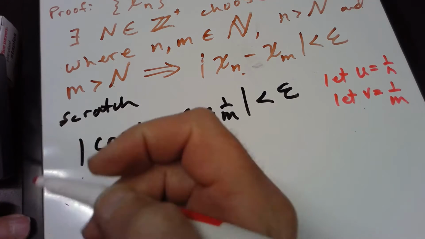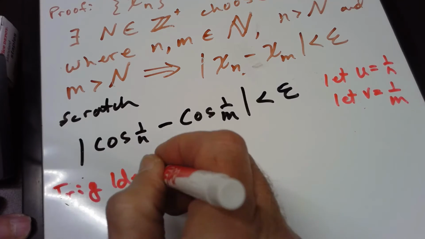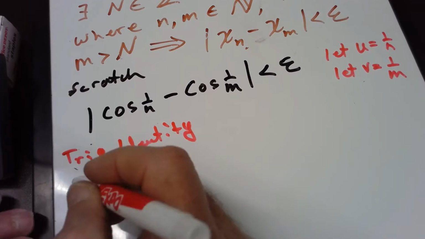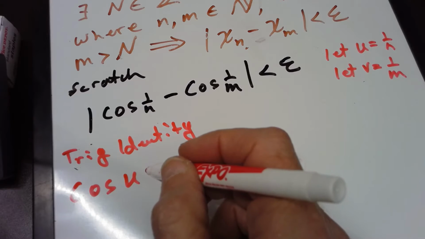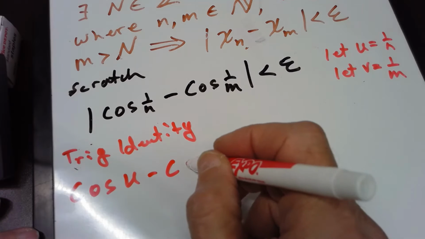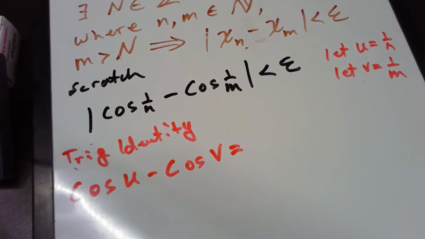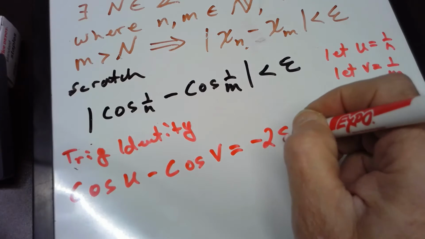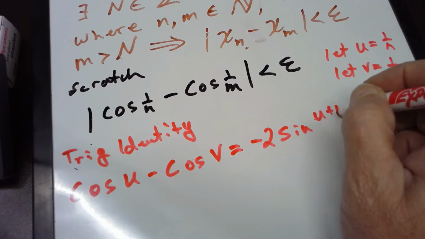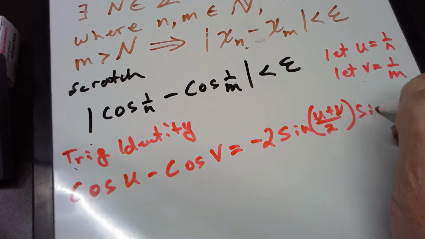So if we use the trig identity of cosine u minus cosine v, then that's going to equal negative 2 sine of (u plus v) over 2 times sine of (u minus v) over 2.